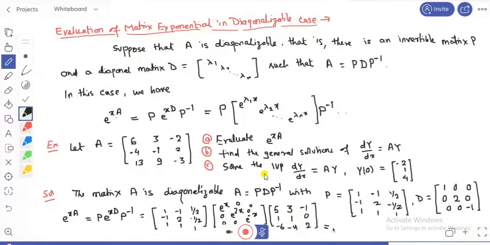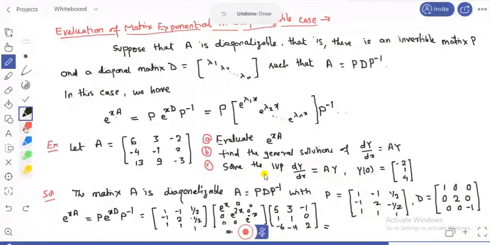And this value, if you multiply here, equals 5 e to the power x. So we can write here what is the answer.